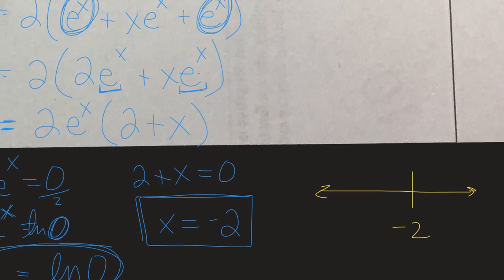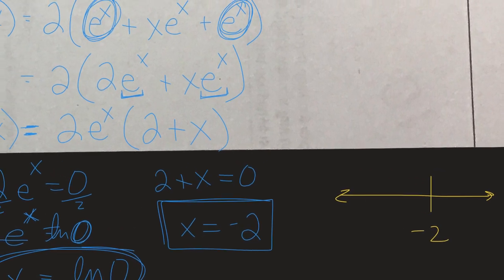Okay, do we have positive values or negative values to the left of -2? What if we plug in -2 here? Nope, -3. So e to the -3, this is a positive value. How do we know it's positive? Because e to the -3rd is actually 1 over e to the +3rd.